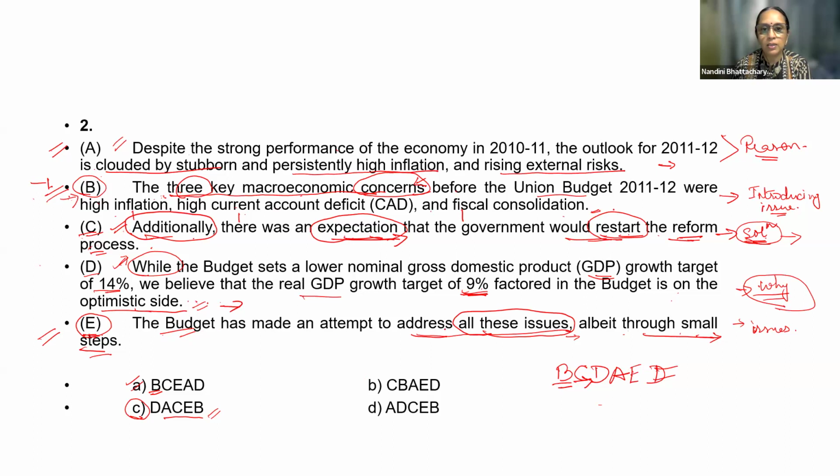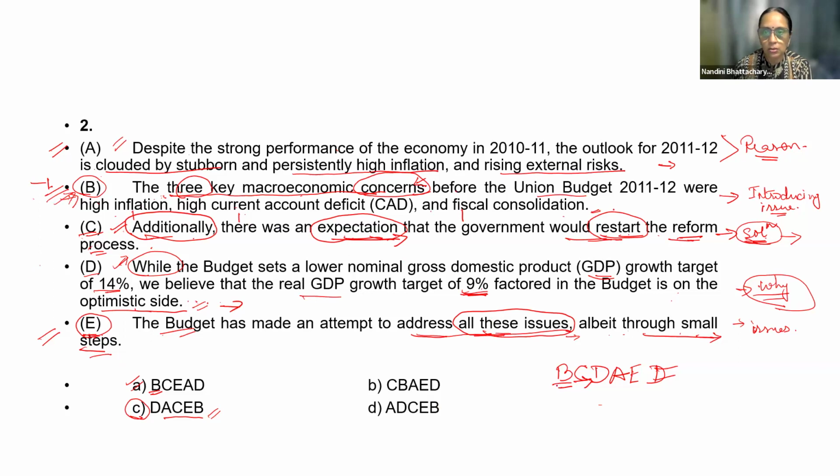The budget has made an attempt to address all these issues, albeit through small steps. No, where did we put E? Not really. That wouldn't be a conclusion. All these issues we were referring to, the issues that were raised here.